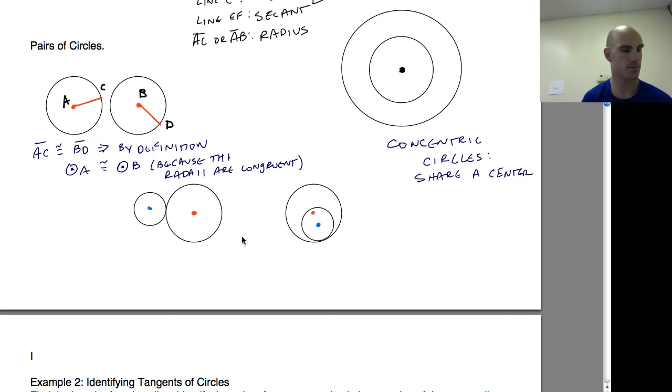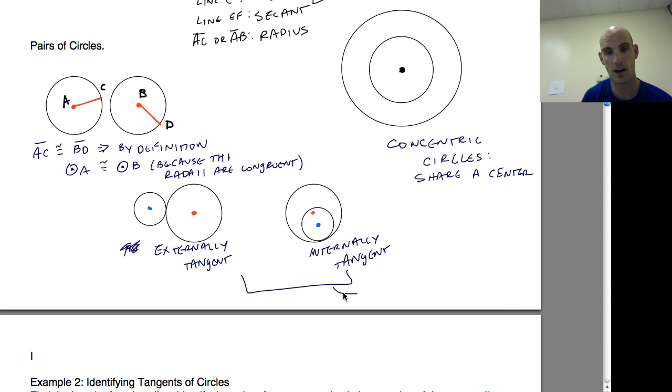These two here are called externally tangent circles, and these two are called internally tangent, because these two touch at one point. Just like that tangent line, they only touch at one point.